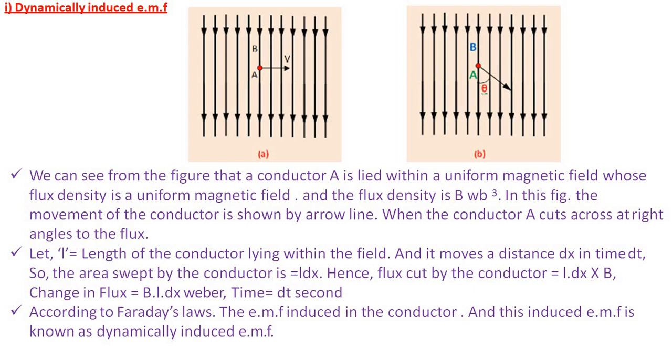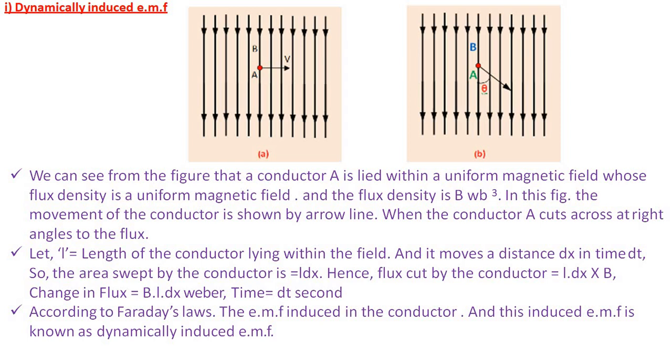In the figure, the movement of the conductor is shown by the arrow. When the conductor cuts across the flux at right angles, let l be the length of the conductor lying within the field and dx the distance it moves in time dt.